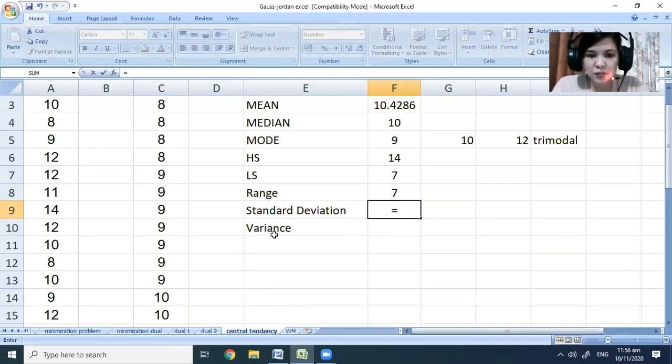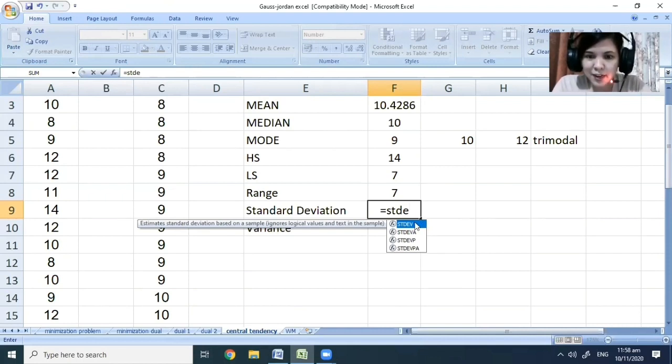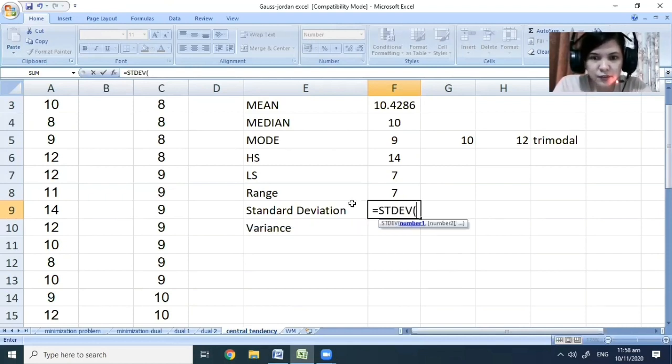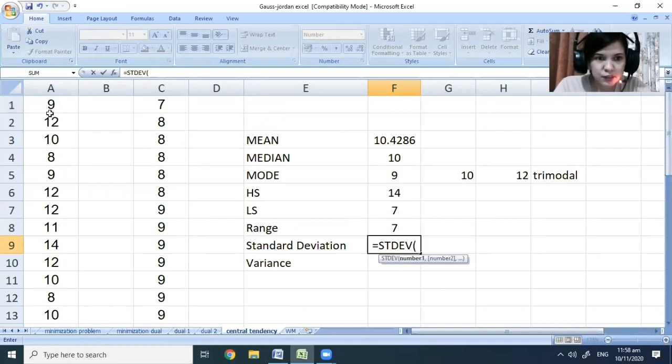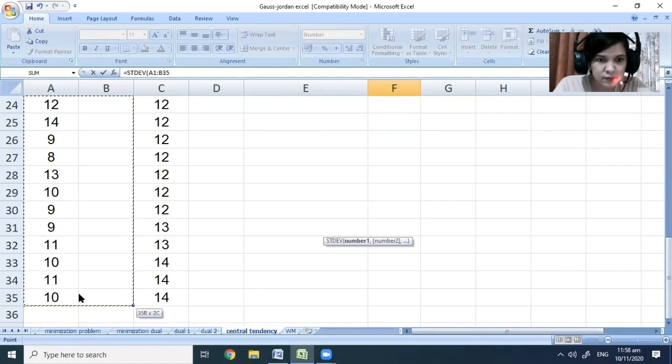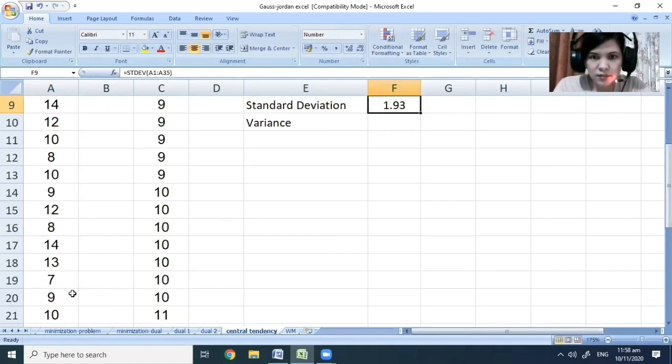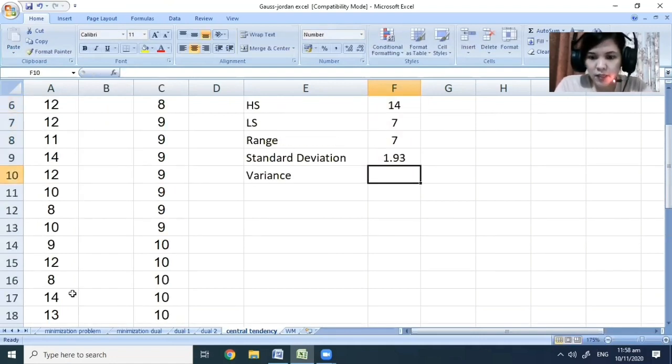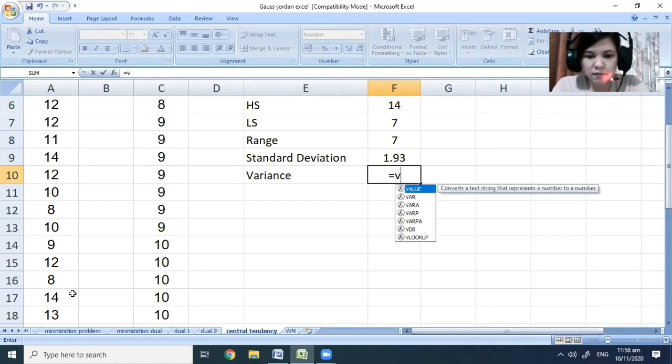For standard deviation, type STDEV. That's the shortcut formula in Excel. Then drag again your data values from cell A1 to cell A35. Then click enter. That's your standard deviation. And then for variance, type VAR.